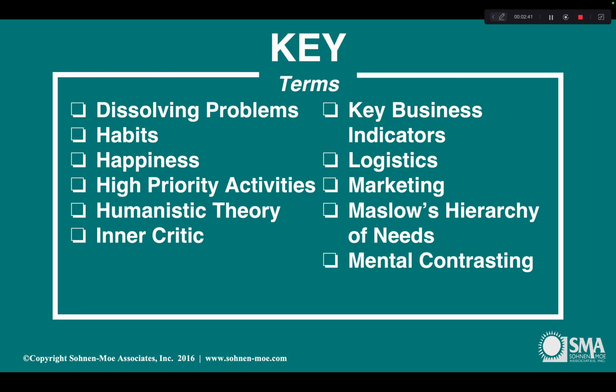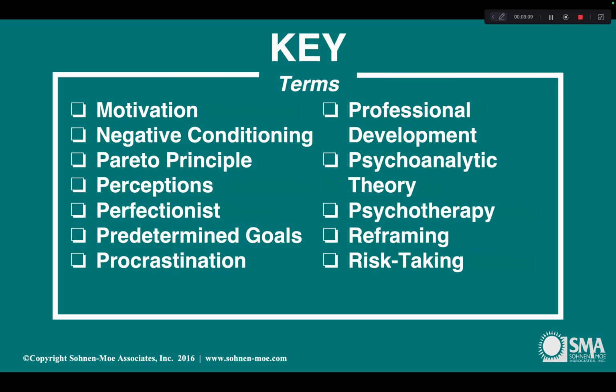We also have dissolving problems, habits, happiness, high priority activities, humanistic theory, inner critic, key business indicators, logistics, marketing, Maslow's hierarchy of needs, mental contrasting.